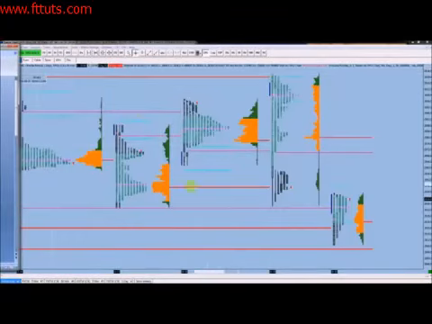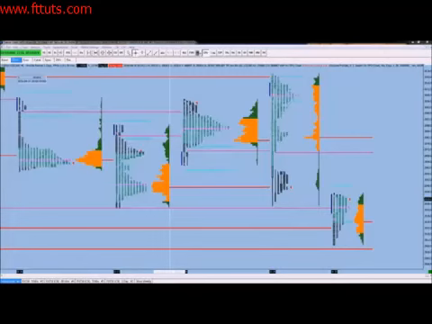So markets, they have found value down here. This is its value area. Its volume value area is here. As it shifts out of value, especially if it closes out of value, which it did on this day here.